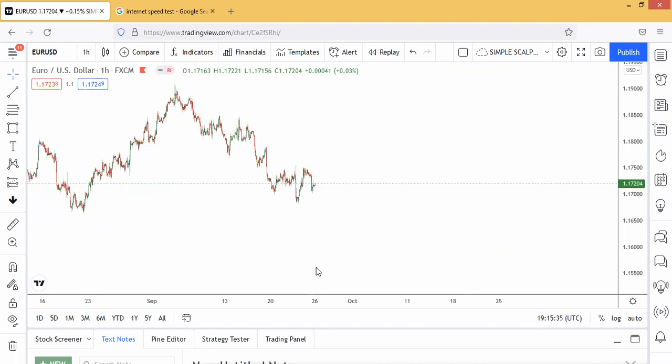This is one of the questions that have been thrown at me on chat through some of our students on the private chat, that they really want to learn more about how the market moves. So today we'll be talking about how to trade breakout.